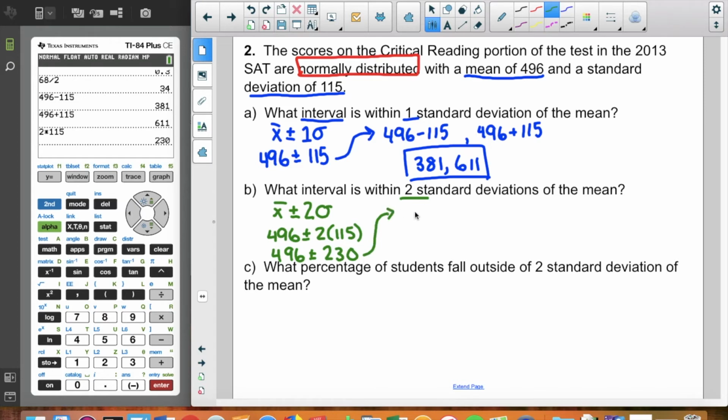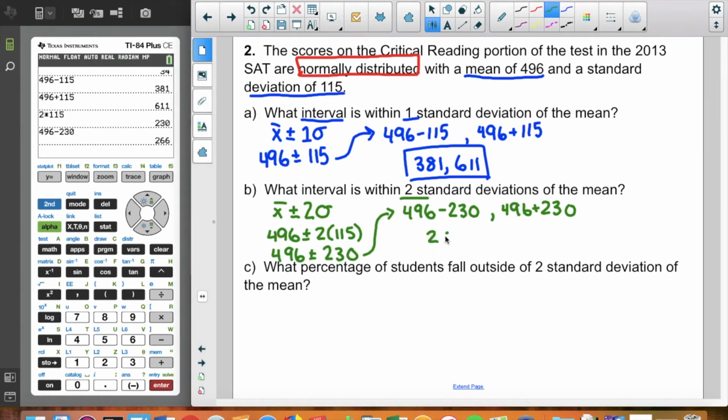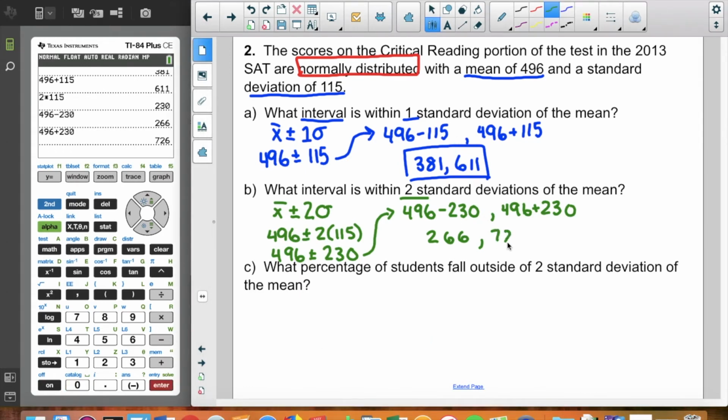To get the interval, we do 496 minus 230 and we do 496 plus 230. 496 minus 230 gives us 266, and 496 plus 230 gives us 726. So this is our interval.